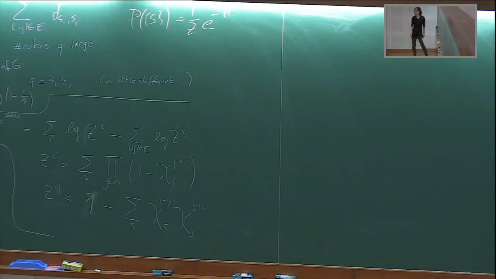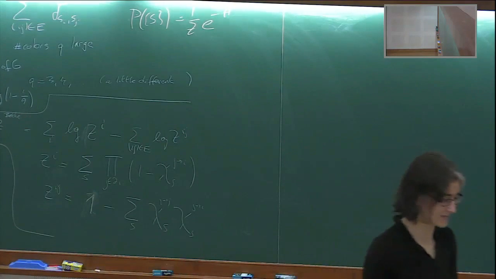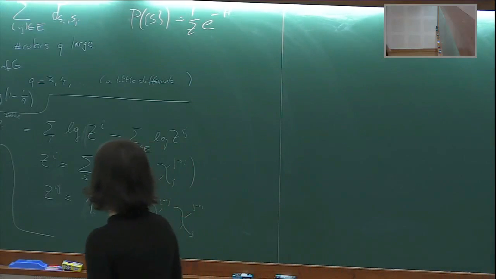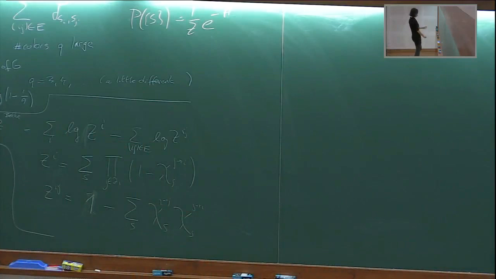In general, you can think about belief propagation in two very different ways. You can think about it as an algorithm. You encode the graph in your computer and then you implement these iterations, initialize them in some way, iterate them, look for a fixed point, and then you do something about it.